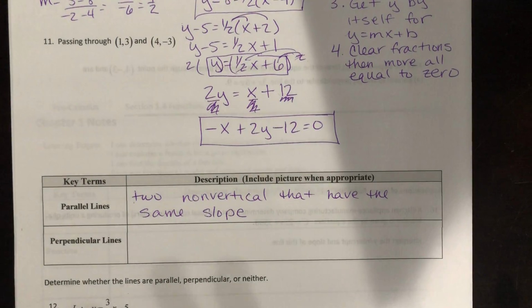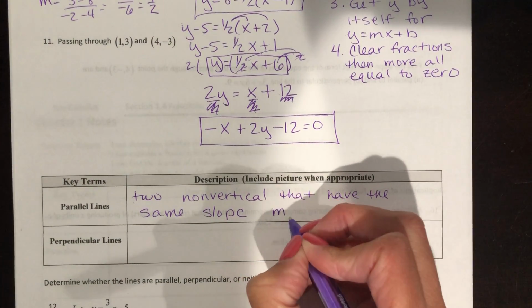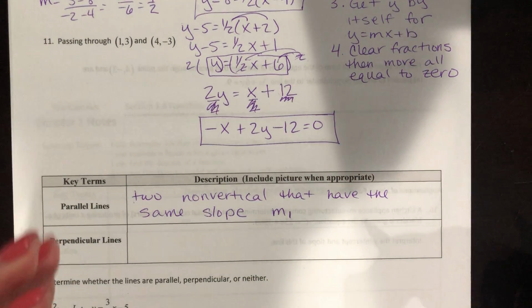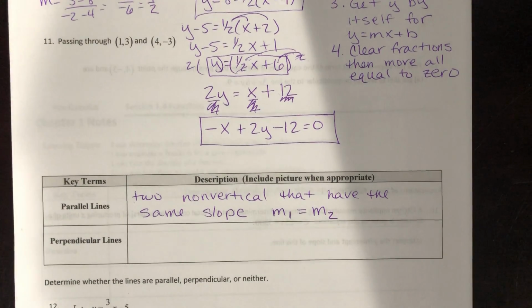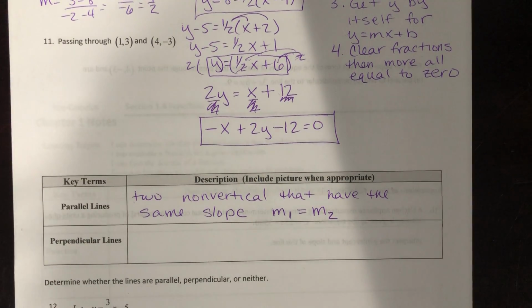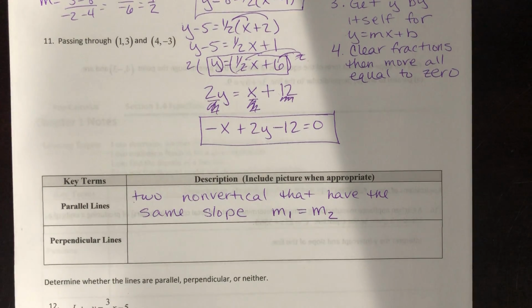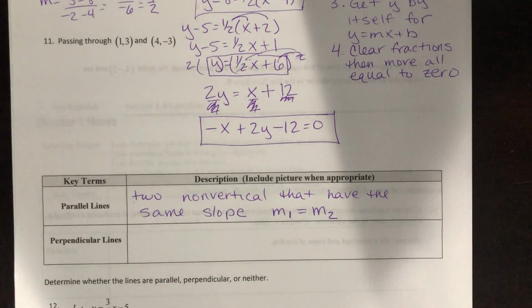Remember, m is the way we express slope, so the slope of the first line is equal to the slope of that second line. And then lines are perpendicular if their slopes are negative reciprocals of each other.